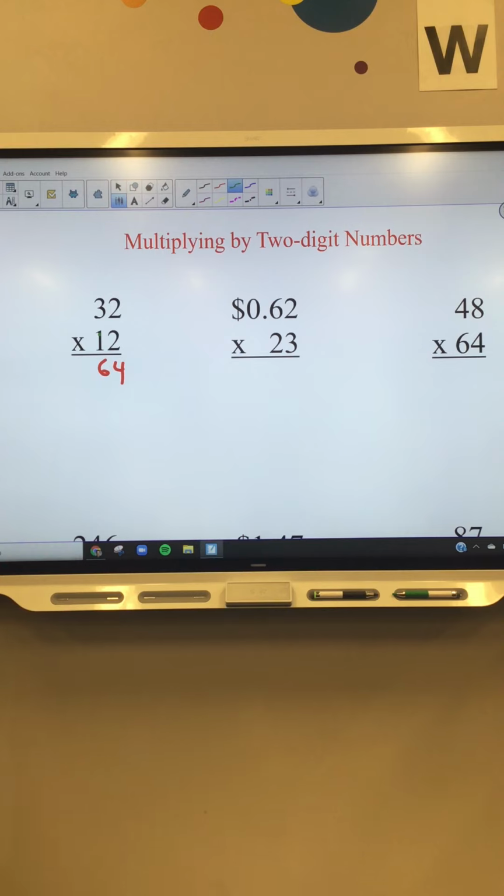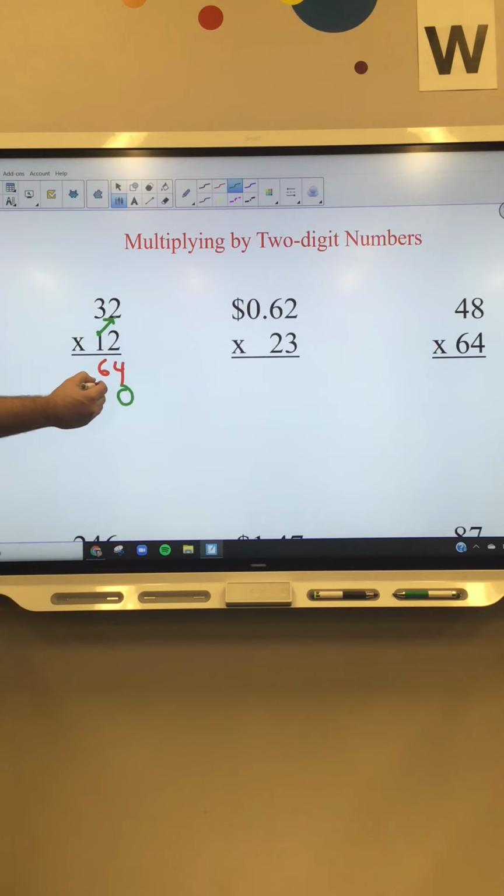So it's not really 1 times 2, it's 10 times 2. 1 times 2 is 2, 10 times 2 is 20. So really I am going to be taking 1 times 2, but I'm going to shift it all over this way. I'm going to put a 0 here because everything I do is really being multiplied by 10. Okay, so that's the main step, or the main part of this second step.